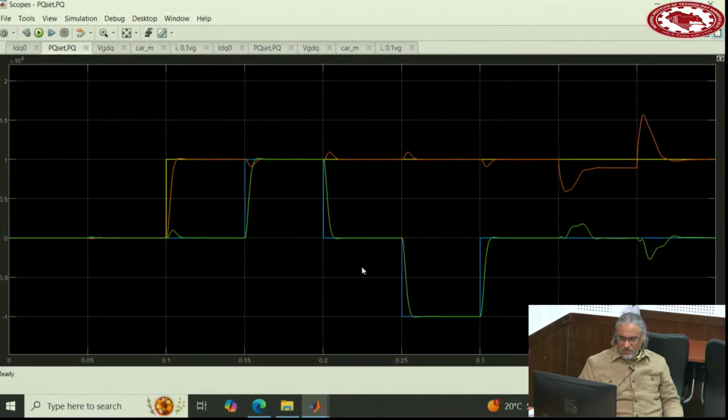Reactive power. This one here. So what would you expect? Yeah, that's right through. Did I discuss right through? No, I did not discuss right through. That's a completely different topic.